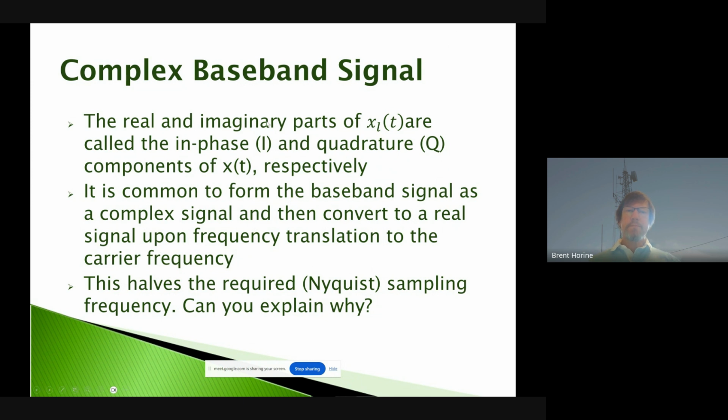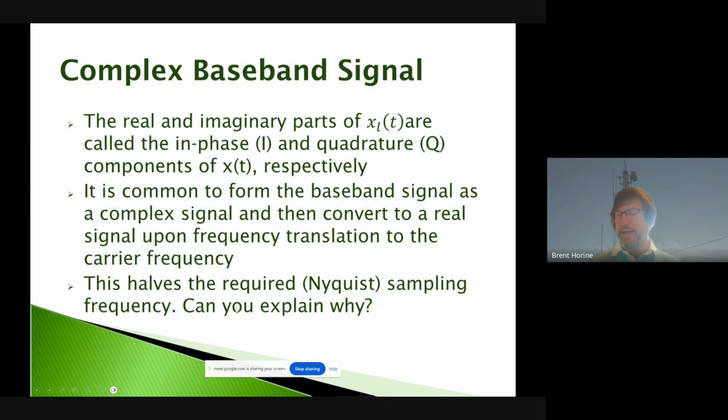And I'm saying here that if we look at the signal in terms of an in phase portion, the I, and a quadrature portion, Q, then we're halving the required sampling frequency compared to if we sampled just X of t.